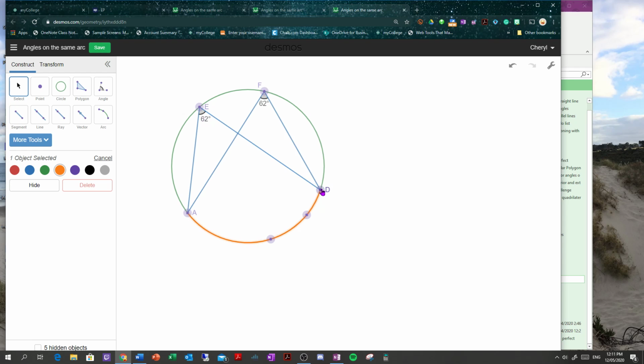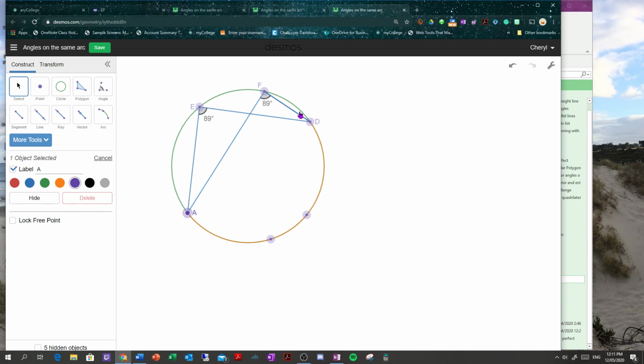And it doesn't matter where I move them. Sometimes they look like this. So this one's still 89, this still is 89, because that arm down to the A and that arm down to the D, and this one goes down to D and this one goes down to A as well, so they share that arc. And as long as they share an arc, they're going to be equal.